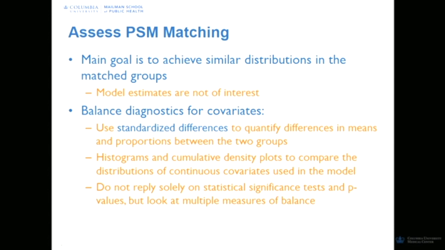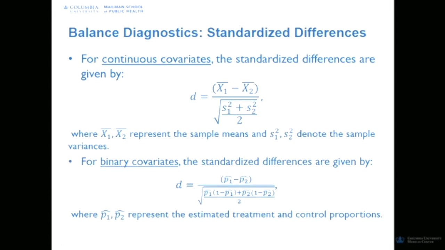So in that case, to give a more standardized approach, we can use standardized differences. How is that? Well, very easy. If you're comparing two groups with respect to continuous covariates, the standardized difference is given by D. On the numerator, you have the difference in sample means divided by a combination of the square root of the standard errors, standard deviations.